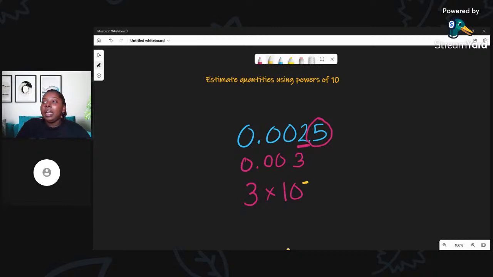When you have numbers after the decimal, it becomes negative, and then we moved it 3 times, so -3. Okay. You see it? Because we're in the thousandths place. 10 to the 3rd would be 1,000, which is a lot bigger than 3 thousandths. So we have to make it negative to show that we're working with decimals. Okay?